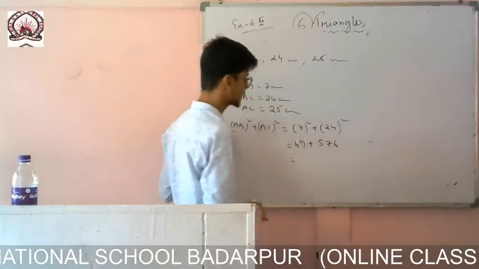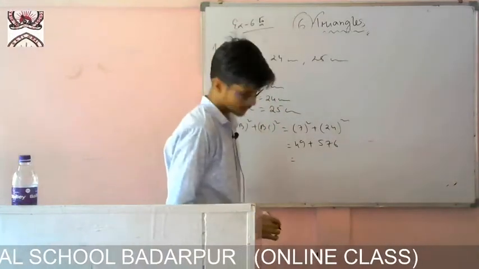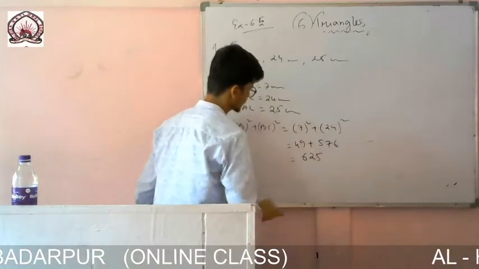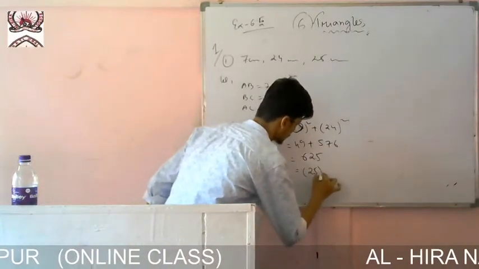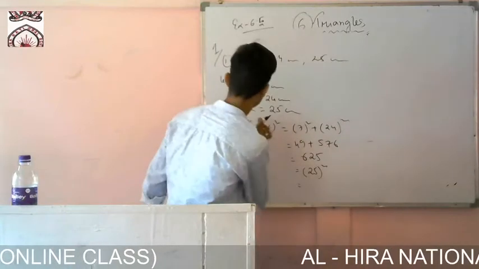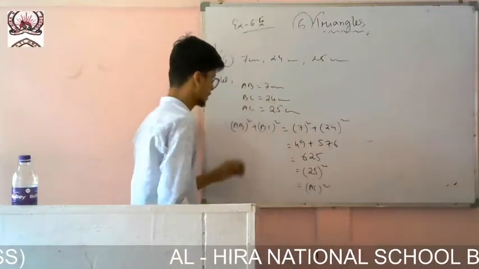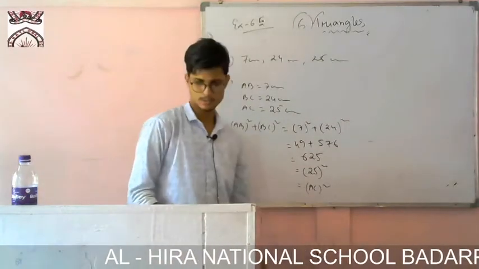If I go on adding, it will be 625. 625 is the square of 25, which is AC square. Therefore AB square plus BC square equals AC square.